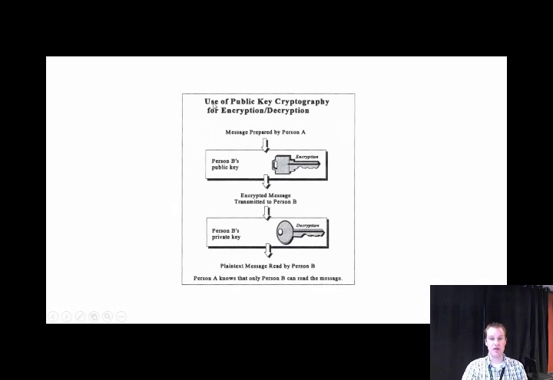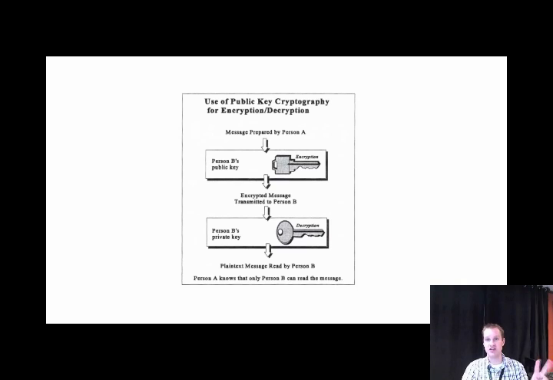In this diagram, what we have here is the use of public key encryption and decryption. The message is prepared by person A, and they have already downloaded a copy of person B's public key. They're using this public key to create the encrypted message. They select it when they go through the encryption process, encrypt the message, and transmit it to person B. When person B tries to decrypt that message, it's looking for the matching private key to the public key.